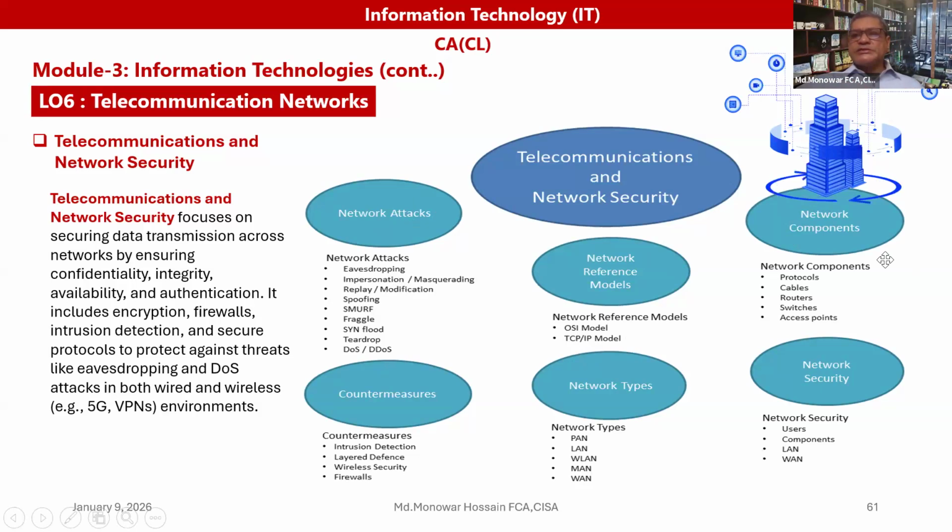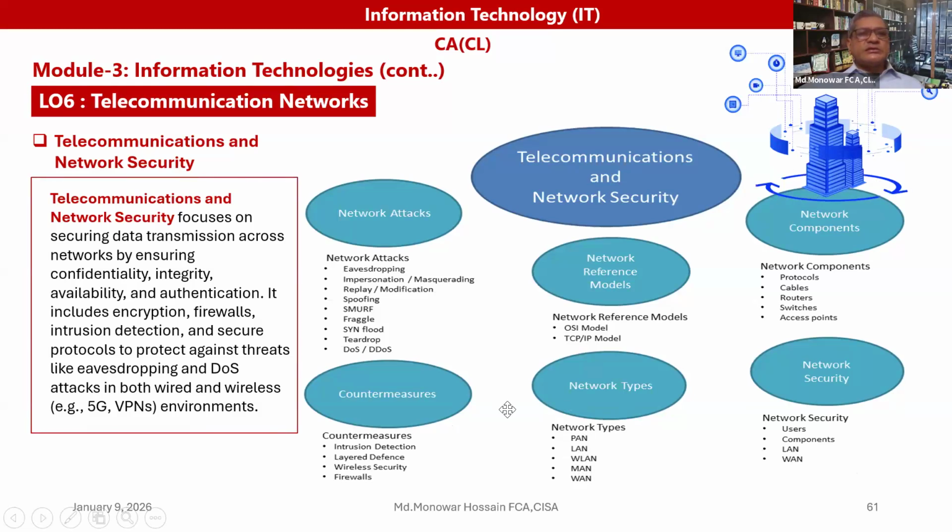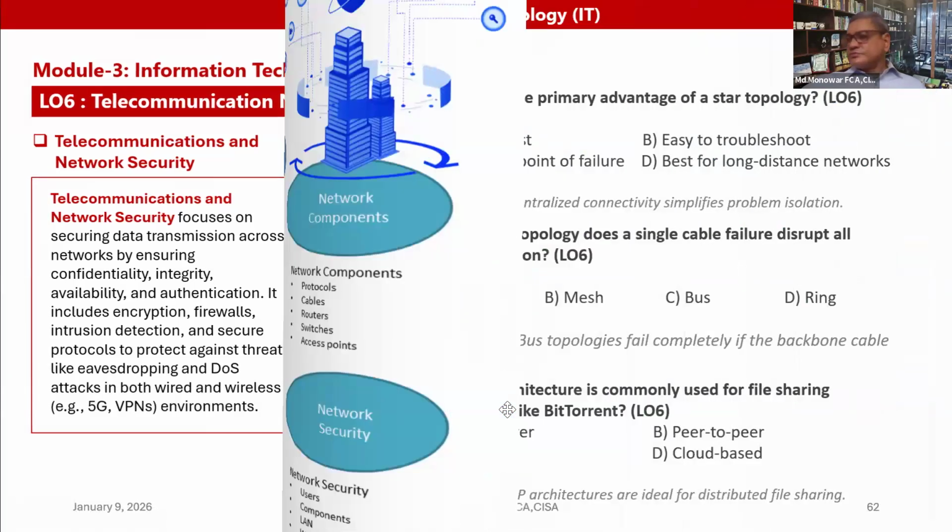We know the network components are protocol, cable, router, switch, access point, etc. And network security applies across LAN and users, and different network types like LAN, MAN, PAN, etc. So here is the network security.